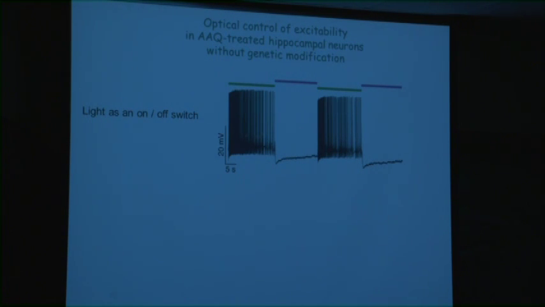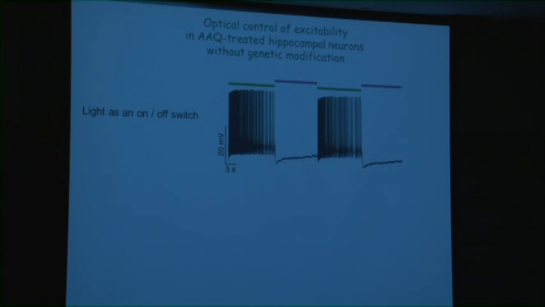This just shows the activity of one of these photoswitch molecules on a generic neuron growing in cell culture. And you can see when you put the molecule on these cells, as you block or unblock certain subtypes of potassium channels in these neurons, you can induce action potential firing or cause that effect to disappear as you go back and forth between different wavelengths of light.